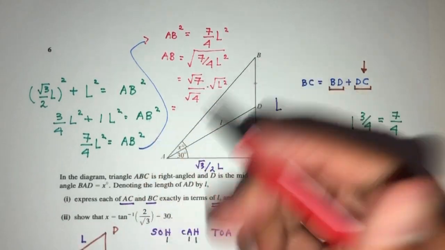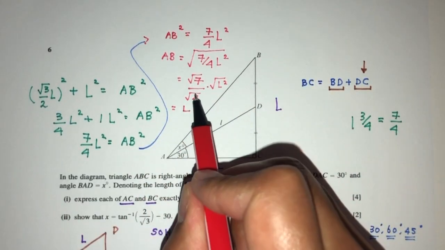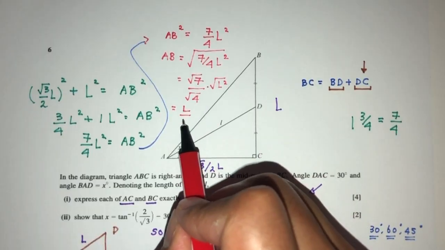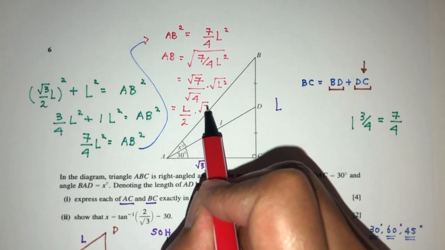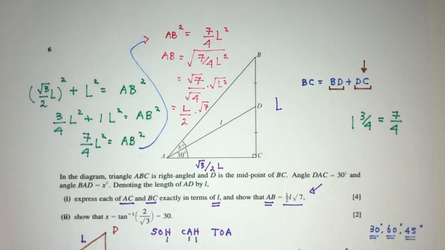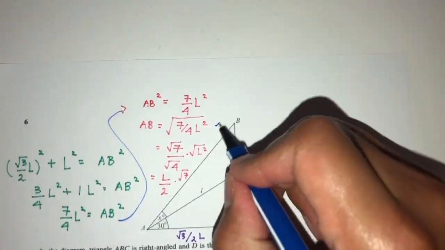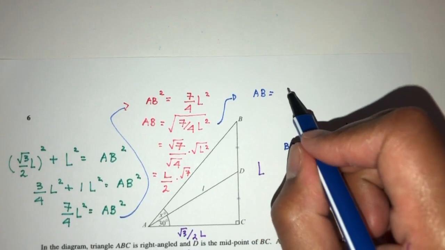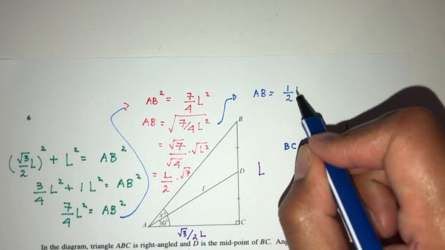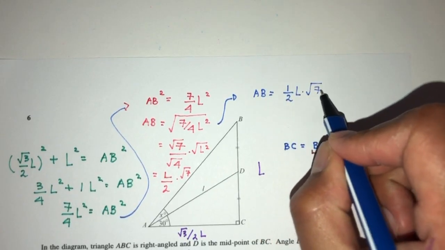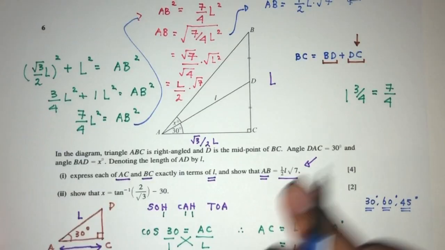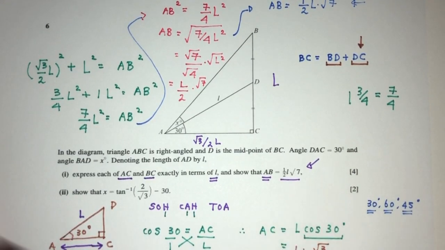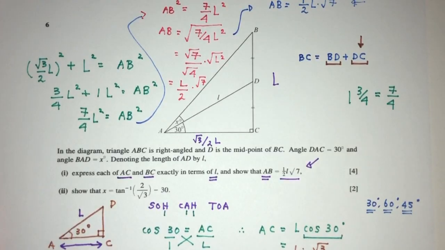So L square power half will be L. Root of 4 is 2, and this will be root of 7. So let me continue this over here. So we realize AB is now equal to half L times root 7. And this is, guess what? Shown as required for the side AB. Okay, that will be part 1 of the question.